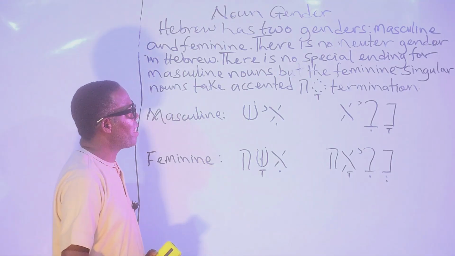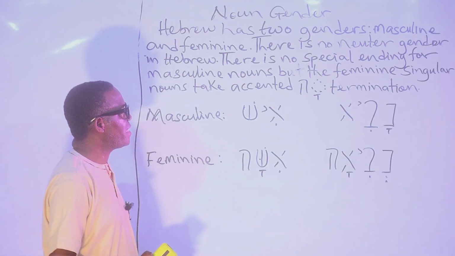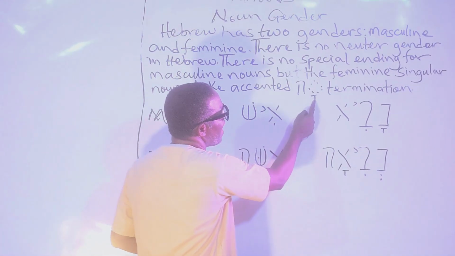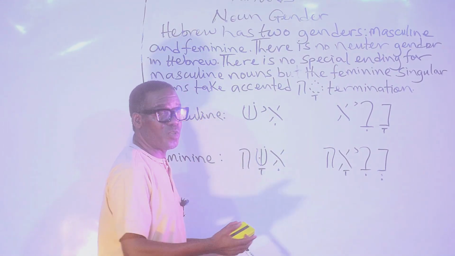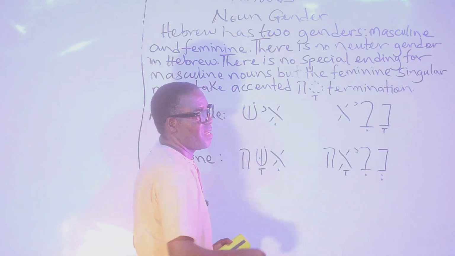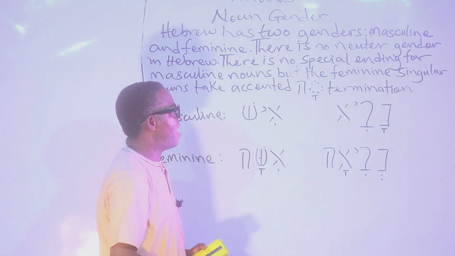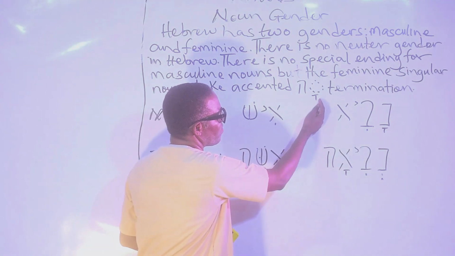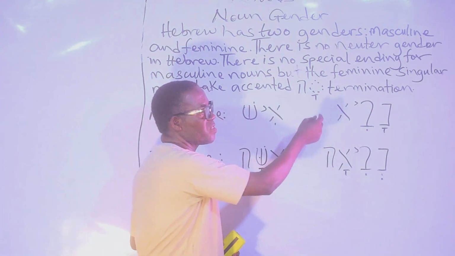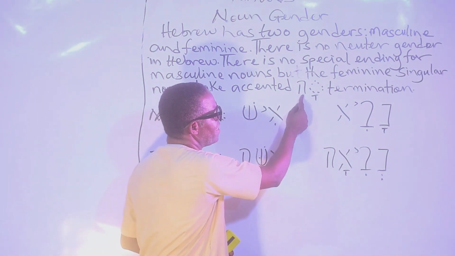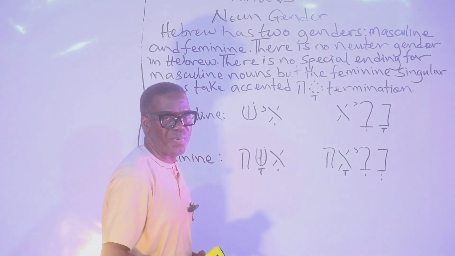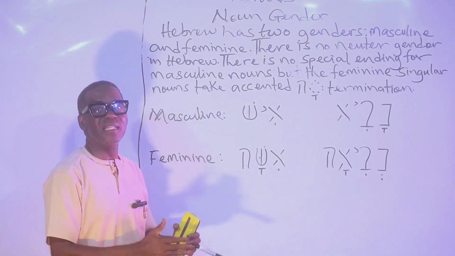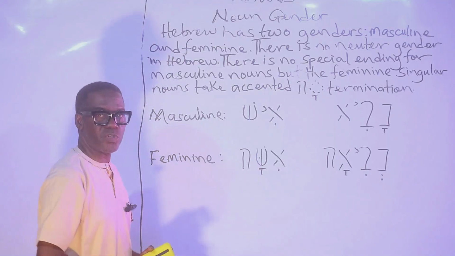But the feminine singular nouns take the accented ah termination. In other words, this vowel, kamets, and then this consonant, he, will appear at the end of the feminine nouns. We have examples on the board.